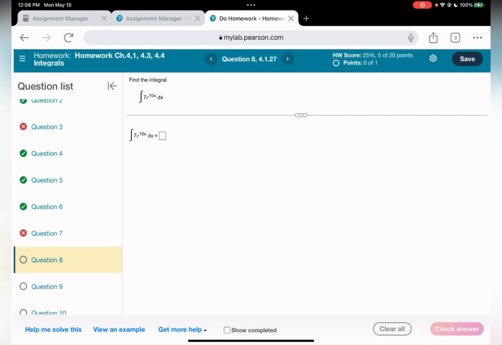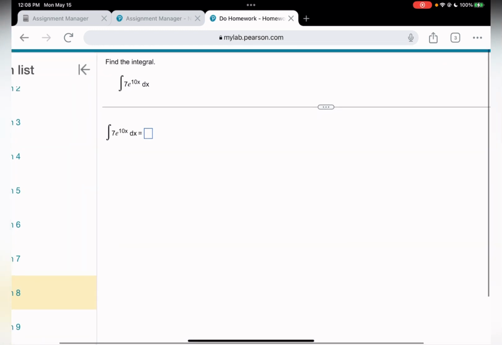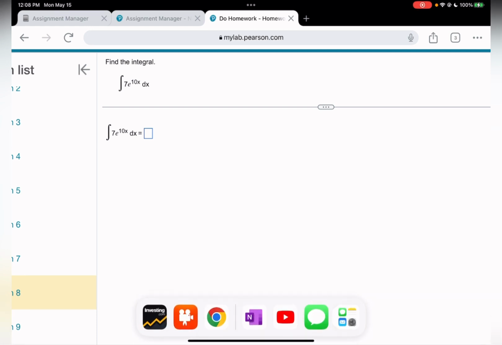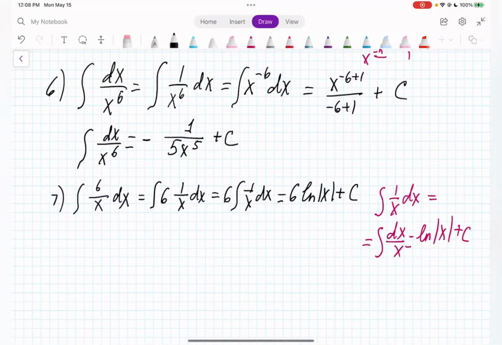Number 8. What do we have here? Let me take a picture. We are going to find the integral for the value e. Remember when we did derivatives, the e would stay the same, right? It wouldn't change. The derivative of e is e. Well, let's deal with it.